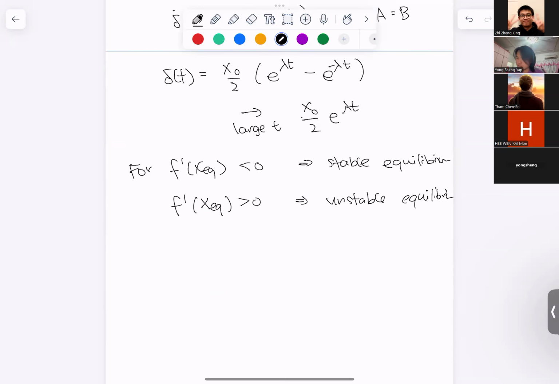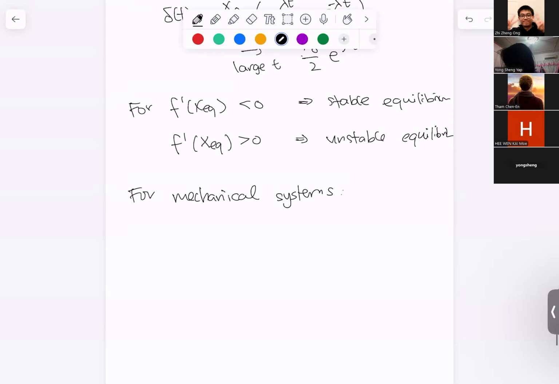For some of you, this might be more akin to understanding potentials. So remember, for mechanical systems, sometimes you have an equation of motion that looks like m x double dot equals force of x.